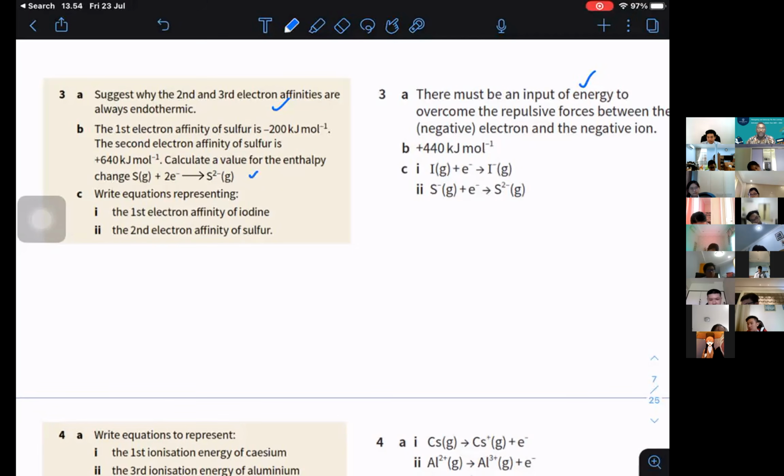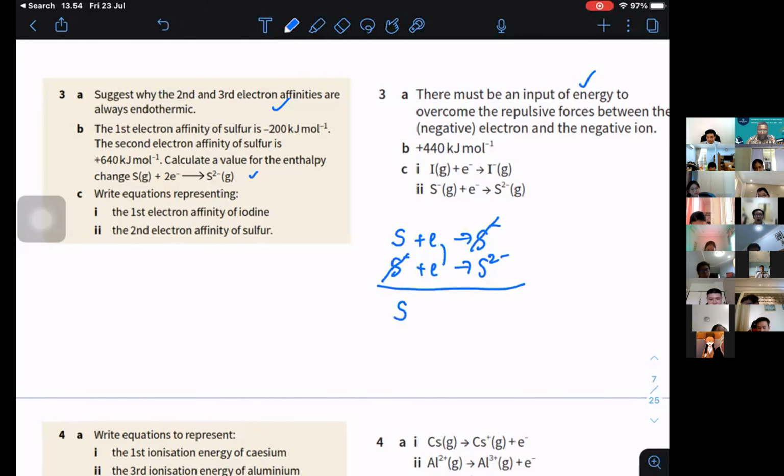Why do I say very simple? First electron affinity: sulfur plus electron gives S-. S- plus electron gives S2-. They want S plus 2 electrons gives S2-. So you need to add these two equations only. When you add them, the electrons become 2 electrons, and the S- and S- cancel.